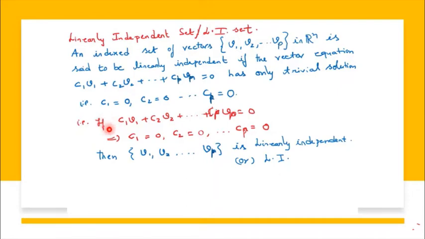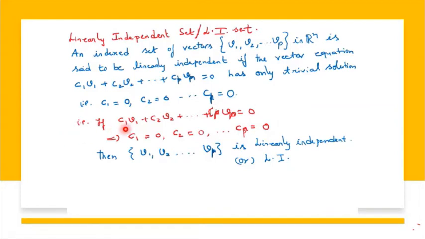If c1 v1 plus c2 v2 plus and so on plus cp vp is equal to 0, that means if you write a linear combination of these vectors with some scalars and equate it to 0 to get the vector equation, then what is the solution? It has only the trivial solution. What is the trivial solution?